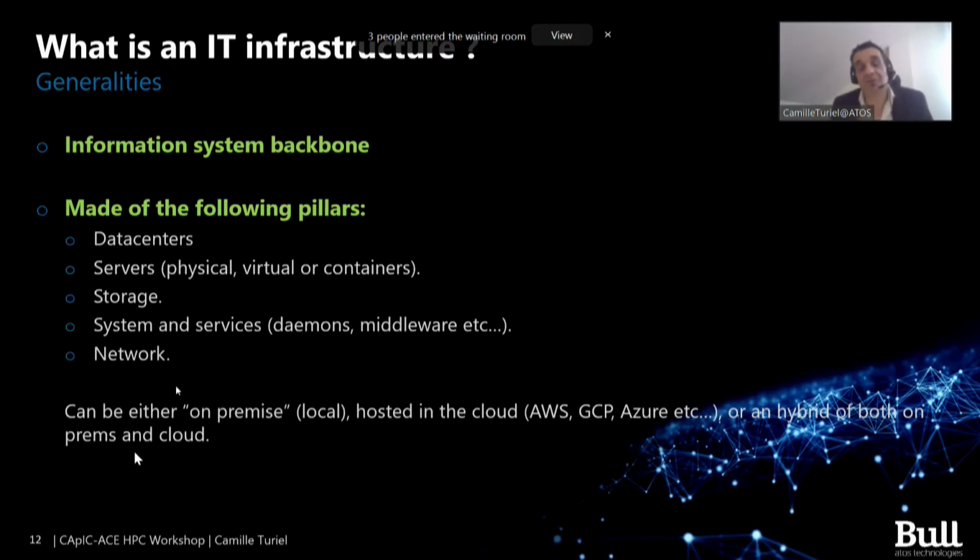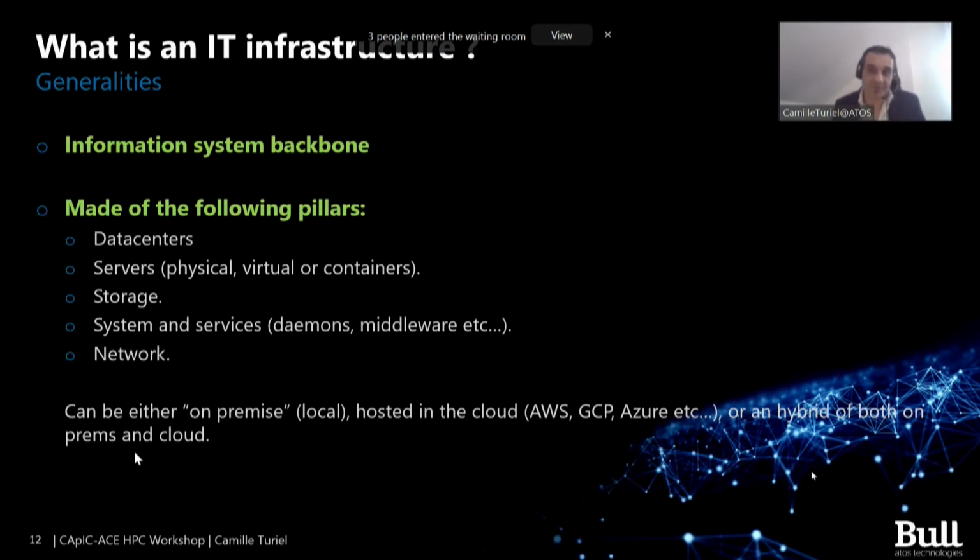so infrastructure can be either on-premise, local, or hosted in the cloud, AWS, GCP, Azure, etc., or a hybrid of both on-premise and cloud. But in your case, most likely, for now, because in the IT world we don't know how the scale will go, everything can change.